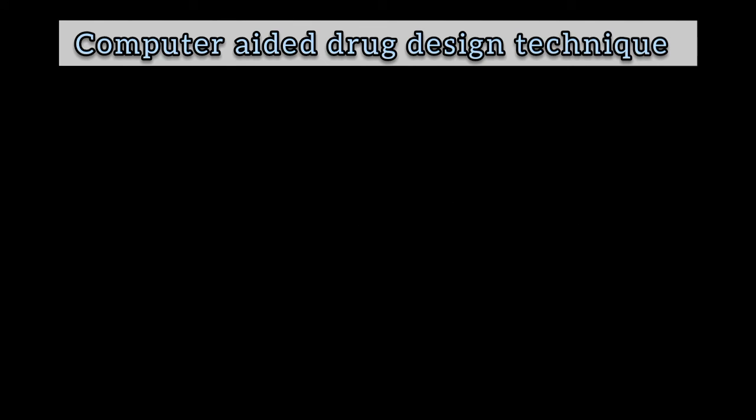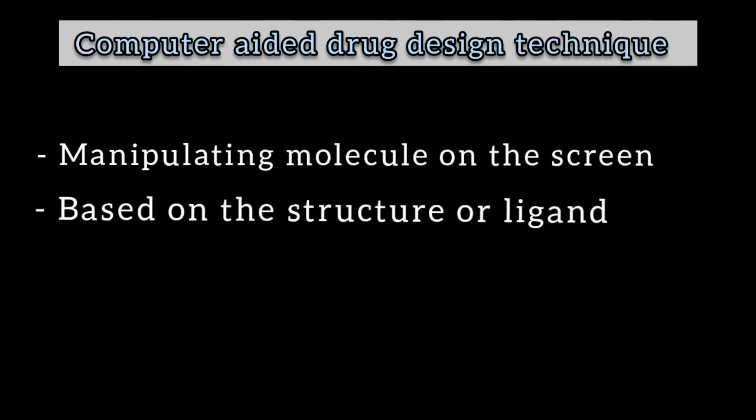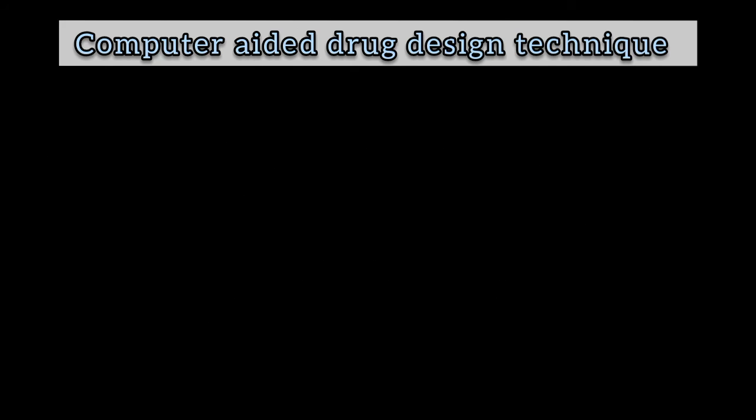Computer-aided design involves more of manipulating the molecule on the screen, based on the structure or ligand. A ligand is an atom, cation, or neutral molecule used to bond to the central metal atom or ion to form a coordination complex.